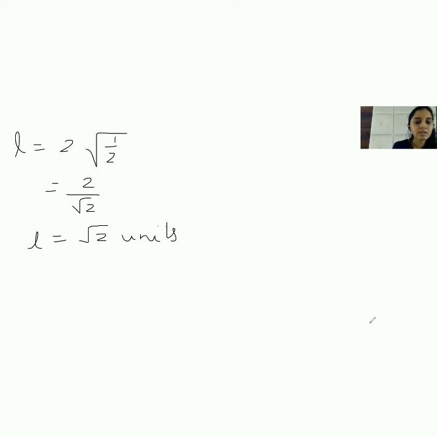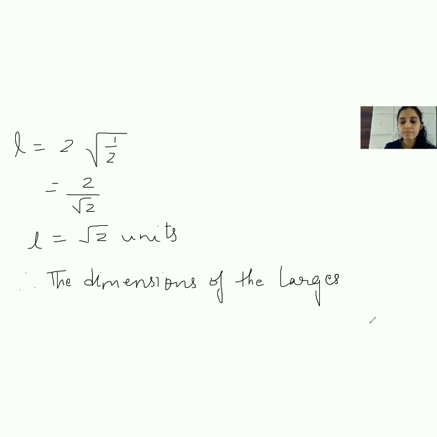Okay, so basically, when you want the area to be maximum inside the semicircle, what are the dimensions of the rectangle? So in the end, you just have to write, therefore, the dimensions of the largest rectangle should be, and then you put in length and breadth.